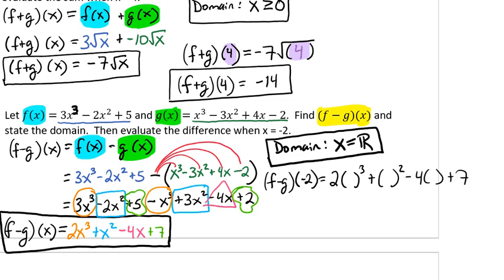And in all of those x spots, we're going to be putting that negative 2. And then we can just plug this right into our calculator. So we can just take all of this right here and plug that into our calculator.